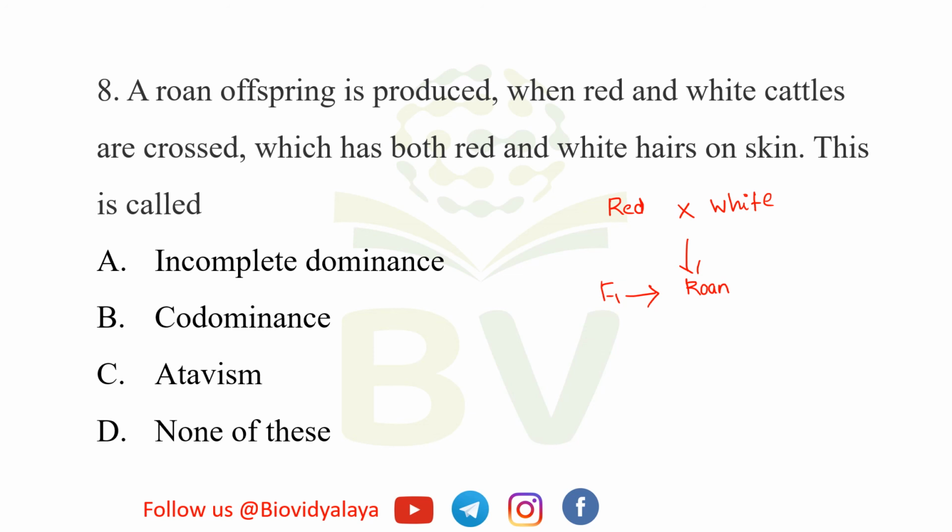That means these offspring can express the phenotype of both the parents. That means both the phenotypes are equally expressing in this offspring. That is called codominance.